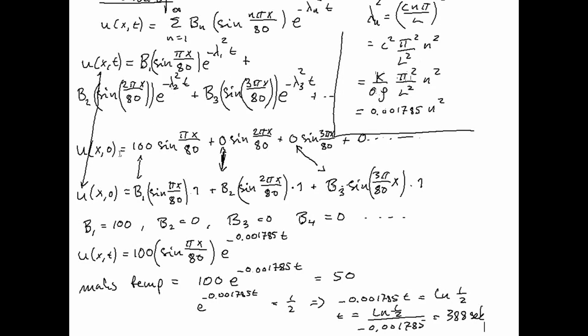We know that the initial temperature U(x, 0) is given by 100 sine pi x over 80. And let's just write out some additional terms. We know that this is the only function, but in this special case we can do some small trick in order to find all these coefficients.